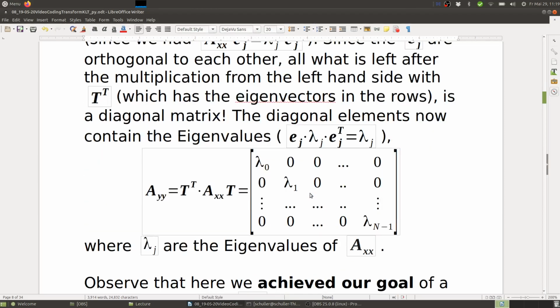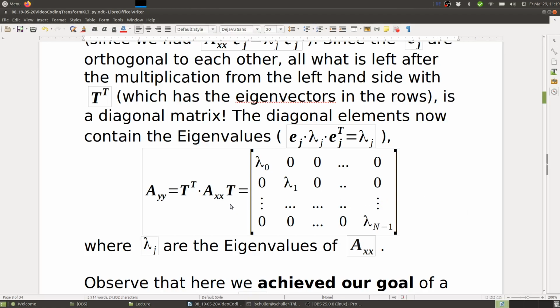So here we are using Ej times lambda j times Ej is lambda j, and if we have different indices, different eigenvectors, then it disappears to 0. The different eigenvectors multiplied with each other all become 0, and only the identical eigenvectors multiplied with each other become factor 1. So all that's left is this eigenvalue here. And this is exactly the form that we want to have.